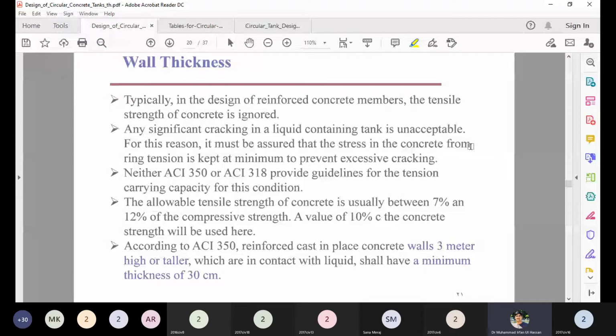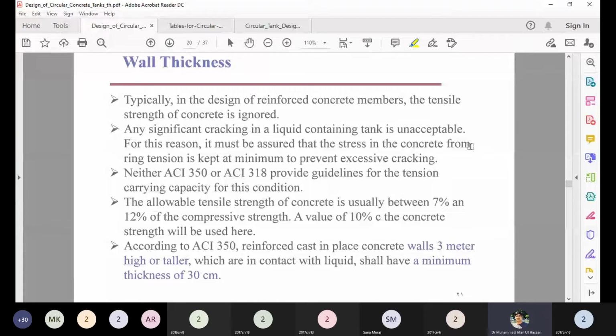Consider one segment of the wall whose thickness T is unknown. So you can take that segment which is 1 meter high and 1 meter in length and thickness equal to T. Normally, the important aspect is that when the water pressure is acting from the inside, it will develop a hoop stress that results in the development of tensile stresses in the water tank. Tensile stresses are developed.